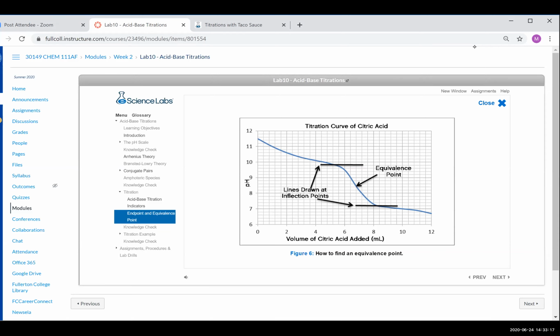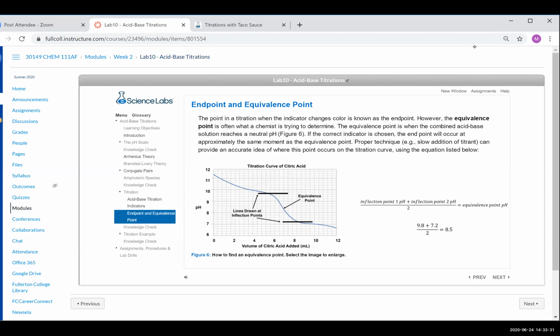And the center point between our two inflection points, the points when our curve changes in slope from positive to negative, if we find our two inflection points, then we can calculate the pH at the equivalence point by taking the average of the pH at the two inflection points. So that's how we're going to find the equivalence point from our experimental data.